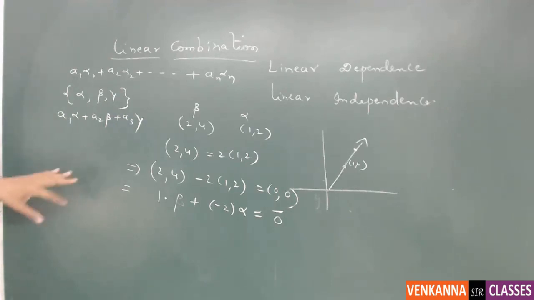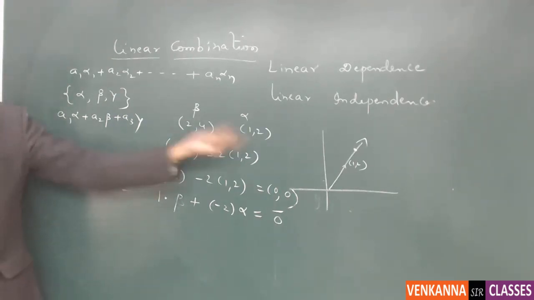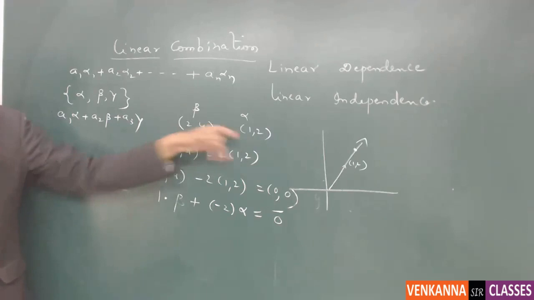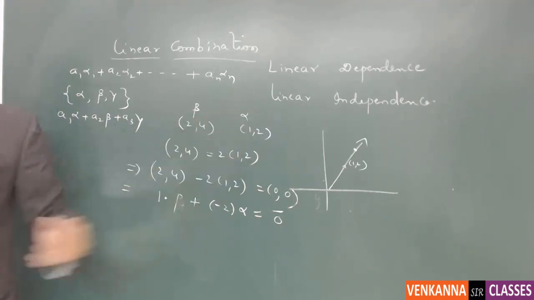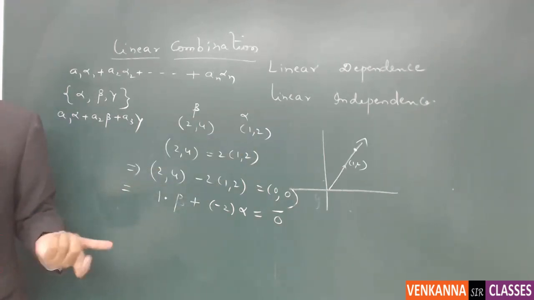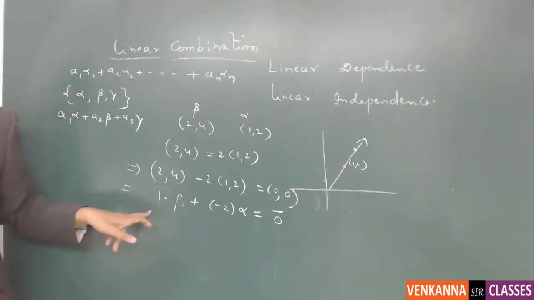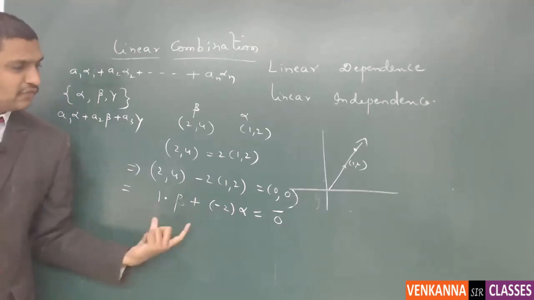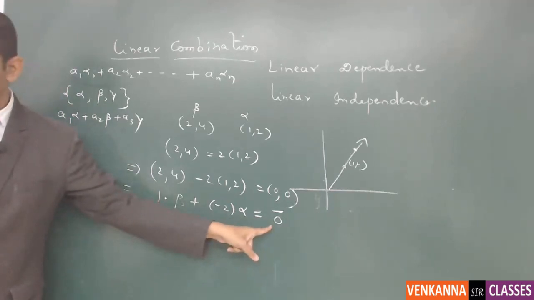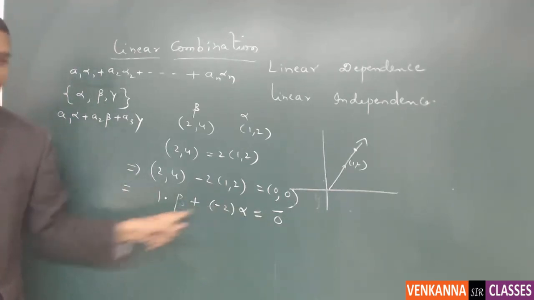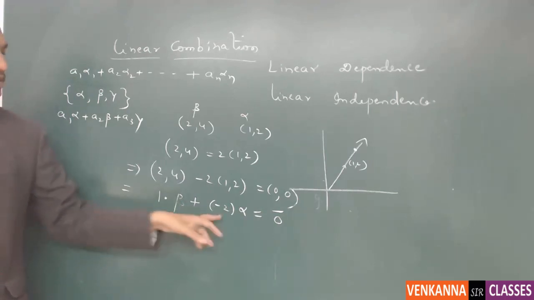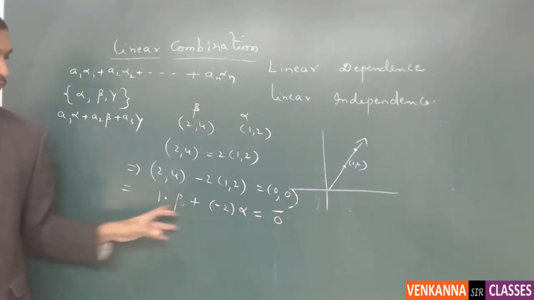So if you observe that here the vectors alpha and beta are linearly dependent, so you can write that you can have a linear combination. The result of the linear combination is 0, and in that linear combination scalars are possibly non-zero.